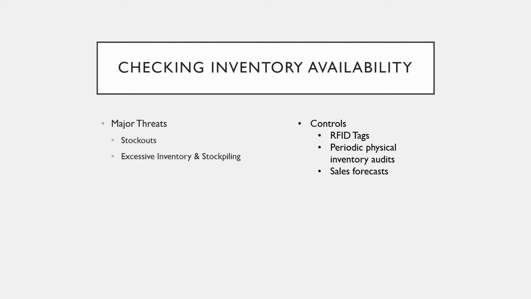Another control that can be put into place is the usage of sales forecasts. Sales forecasts are usually done by the accountant. Basically, what these sales forecasts do is take what a company has already sold or what they're selling, and then predict going forward how much inventory is needed.